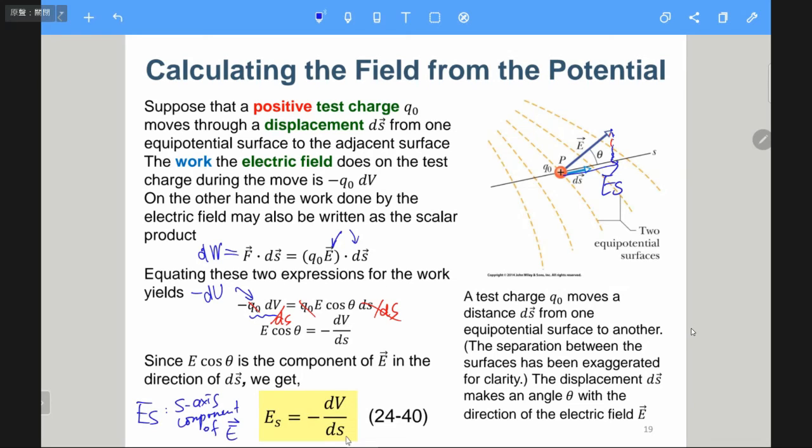So why is it useful? Before, we needed to calculate the line integral, but now we can find the electric potential over the space or over an axis, and then we just need to take the derivative, and then we can find the electric field component over that axis.